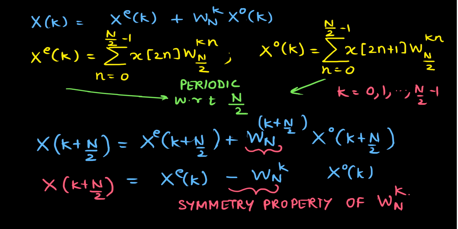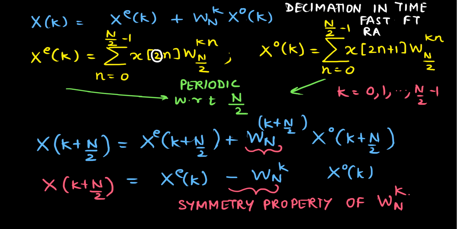So this implementation is known as decimation in time fast Fourier transform, and as this factor here is 2, so we are considering the radix as 2.